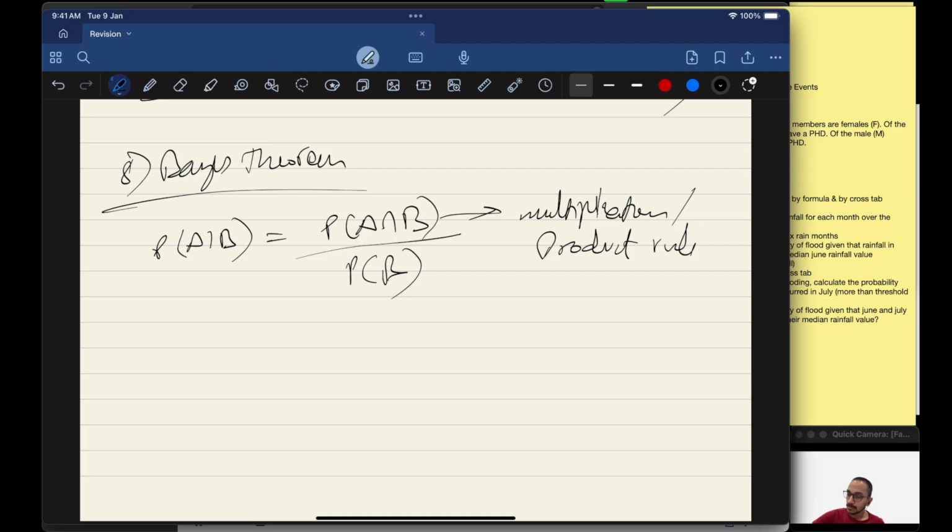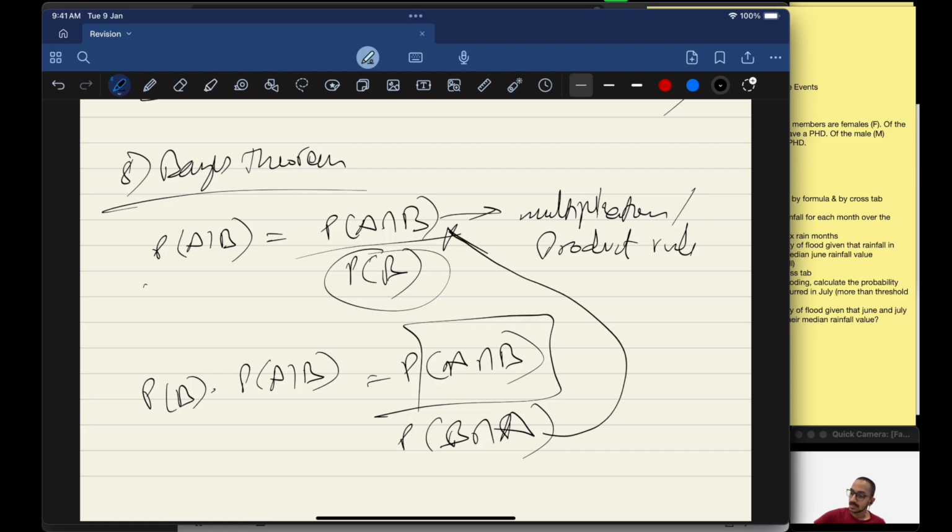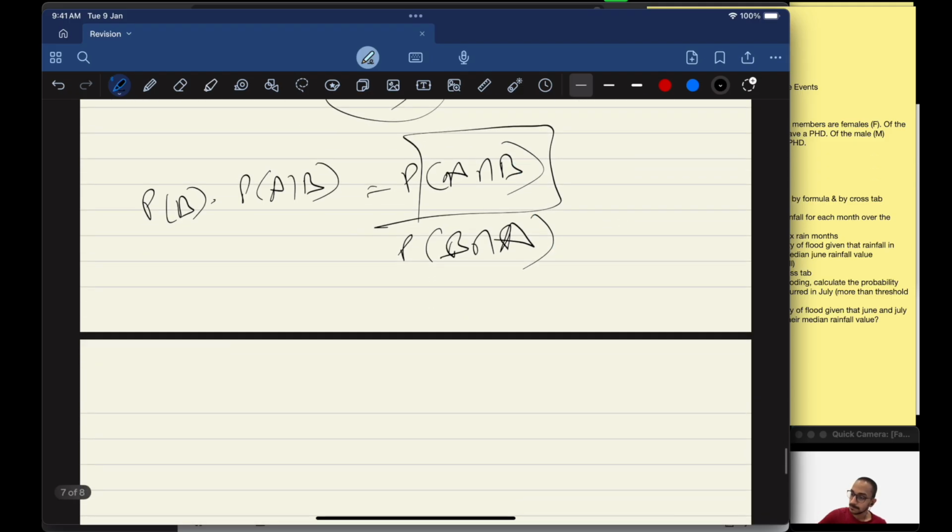If I multiply P of B on both sides, P of B into P of A given B will be P of A intersection B. Now P of A intersection B we know is the same as P of B intersection A, right? So we substitute this formula, P of B given A is P of B intersection A by P of A.